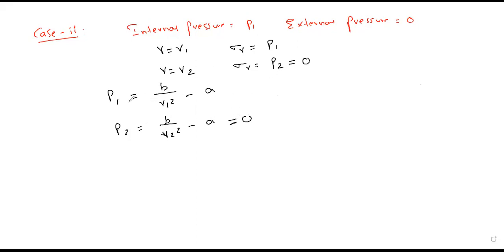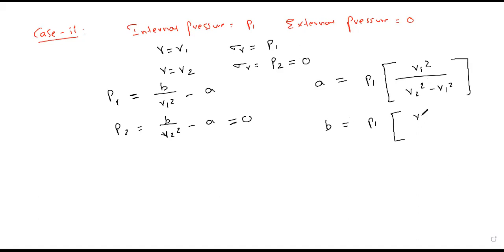So you can achieve only the pressure P1. Your constants will be A is equal to P1 R1 square by R2 square minus R1 square. And what is your B constant? B is equal to P1 R1 square R2 square by R2 square minus R1 square.